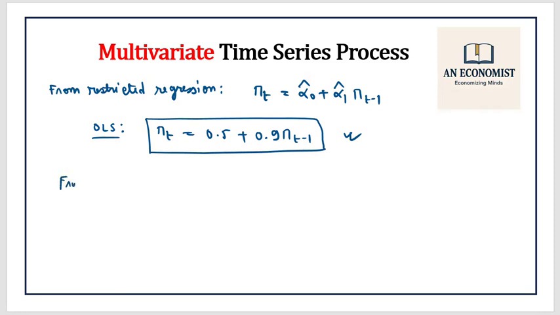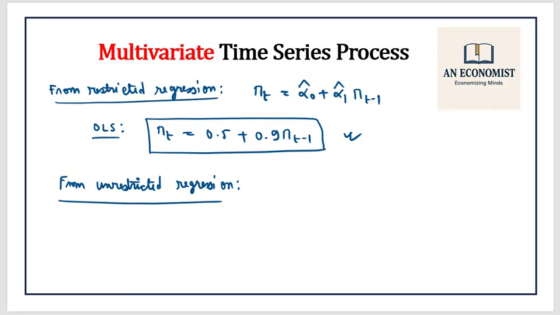And from the unrestricted model, unrestricted regression, you can again fit this using OLS. You will get pi t to be alpha naught. I should have taken some other value.